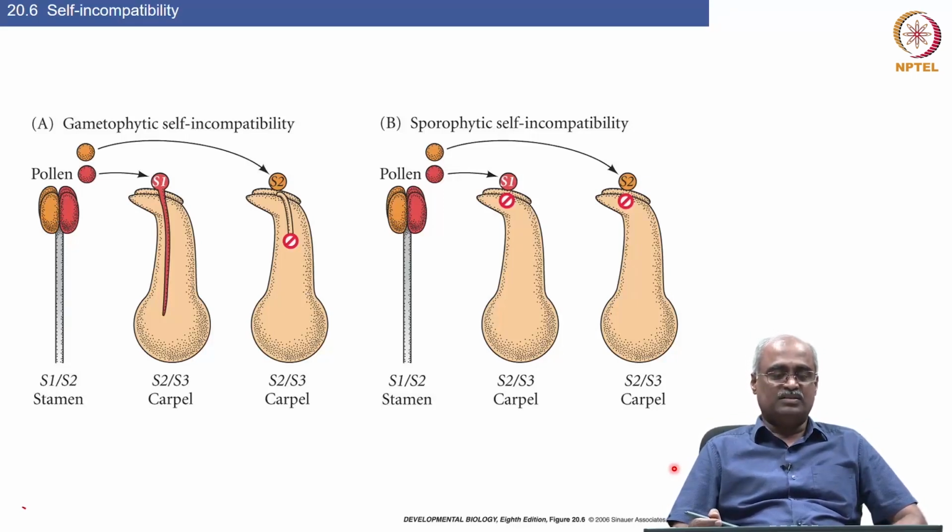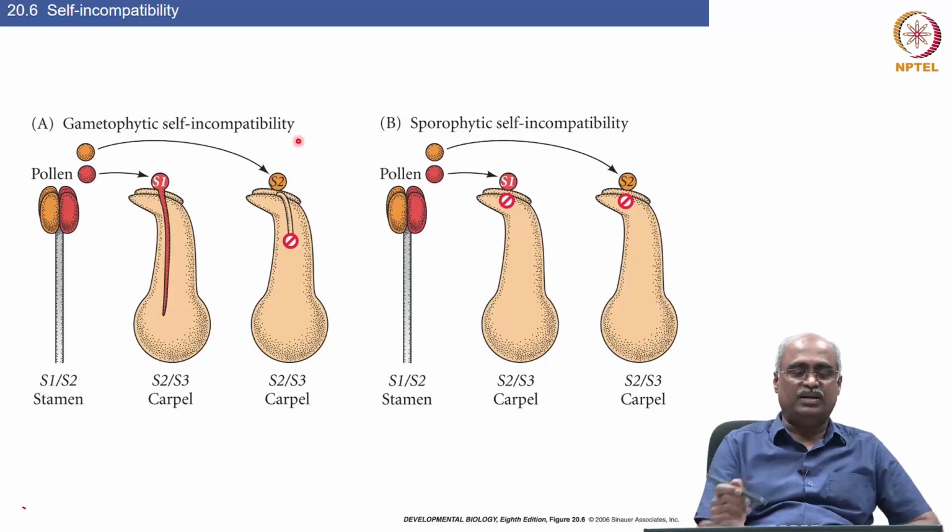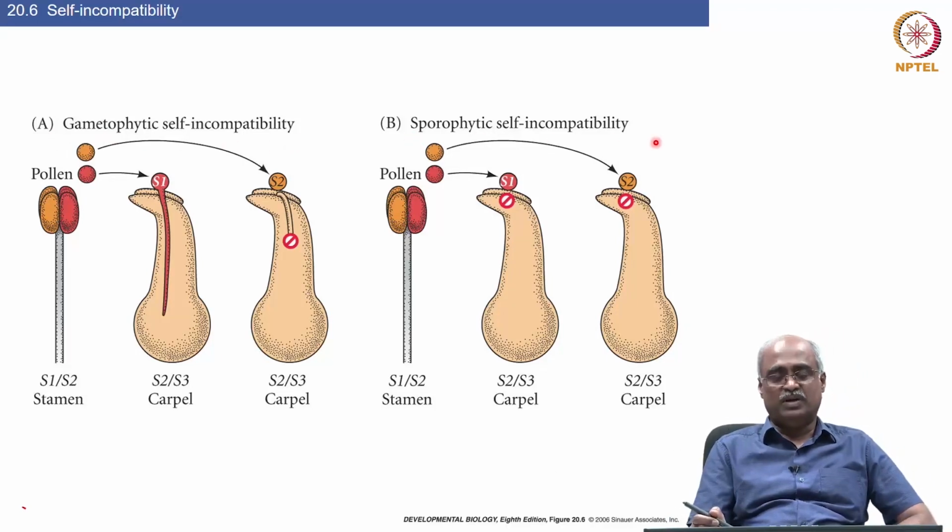That is the process that has been well understood, and that is what we are going to look at in some detail. This intraspecific self-incompatibility can again be classified into two types: gametophyte self-incompatibility and sporophyte self-incompatibility.